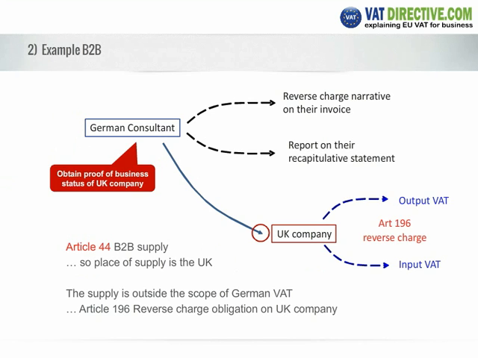The German consultant must also report their service on their recapitulative statement. In the UK, this is called an EC sales list, but has different names in other member states. So they've just got to report the fact that they've raised a B2B invoice for services to a registered company in another member state.